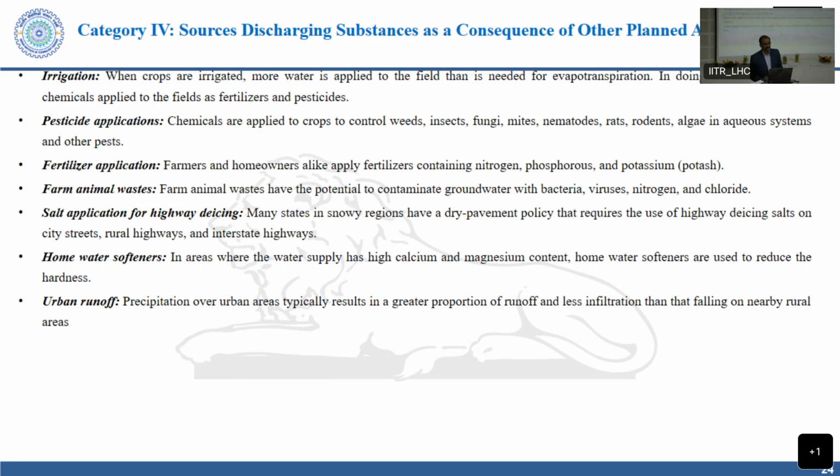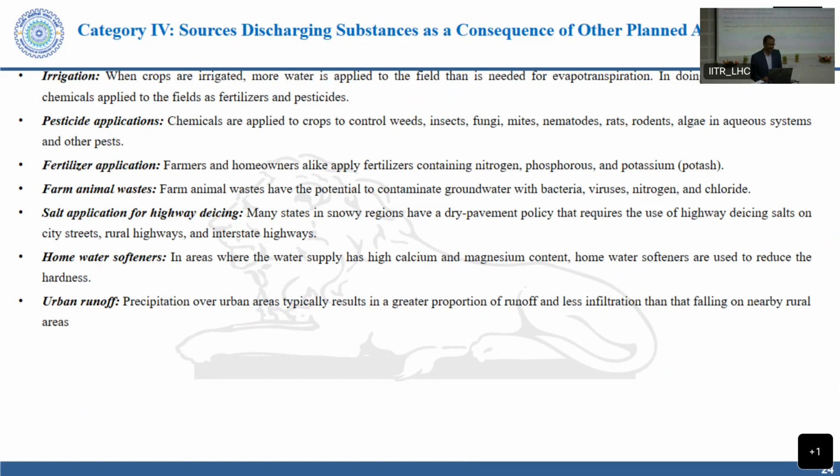Pesticide application: chemicals are applied to crops to control weeds, insects, fungi, mites, nematodes, rats, rodents, algae, and other pests here. The fertilizer application: farmers and homeowners alike apply fertilizers containing nitrogen, phosphorus, potassium, potash, and farm animal waste.